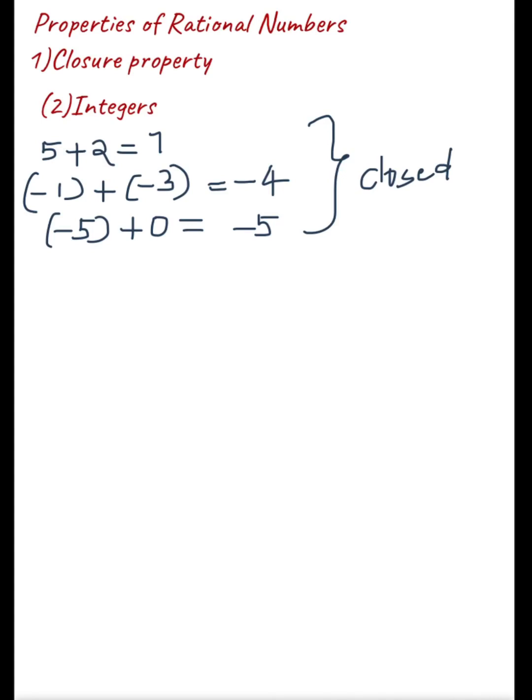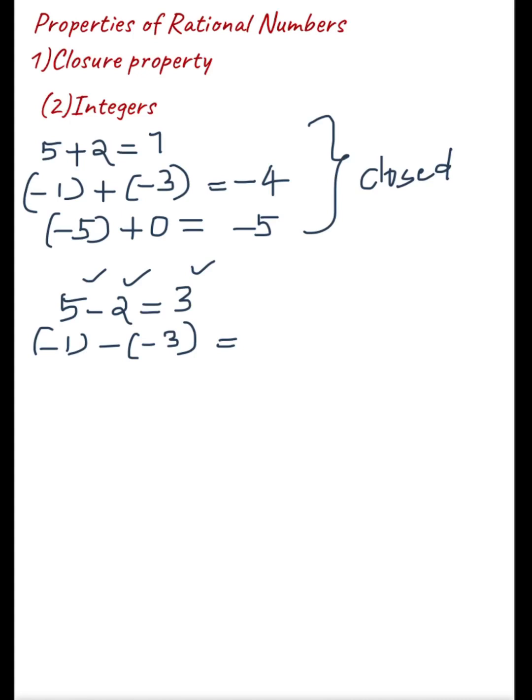Now let's take the case of subtraction. Suppose I am taking the same number 5 and subtracting 2 from it. Then the answer is 3. So here you are taking two integers and subtracting them, and the answer is also an integer. Now let's take any other example. Suppose I am taking minus 1 and subtracting minus 3 from minus 1.